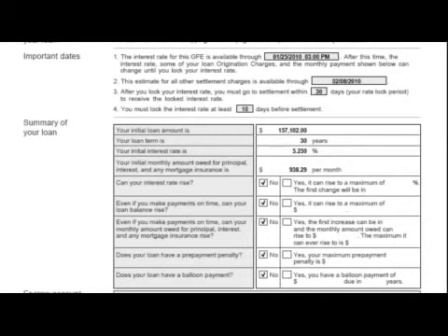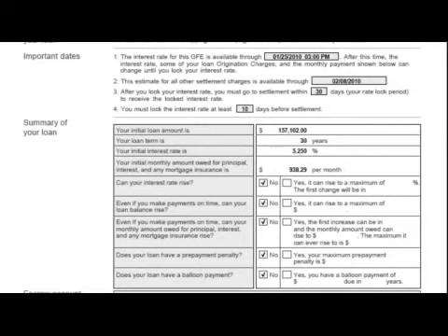And number 3, the interest rate lock period typically is 30 days, but that can be 45 or 60 days or potentially even 90 days depending on the lender. And then item number 4, you must lock this interest rate at least 10 days before settlement. That's a key item because an interest rate lock is a changed circumstance, and the government requires a new good faith to be issued when that interest rate is locked.